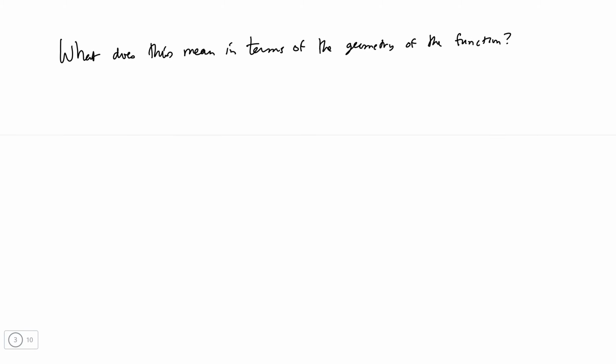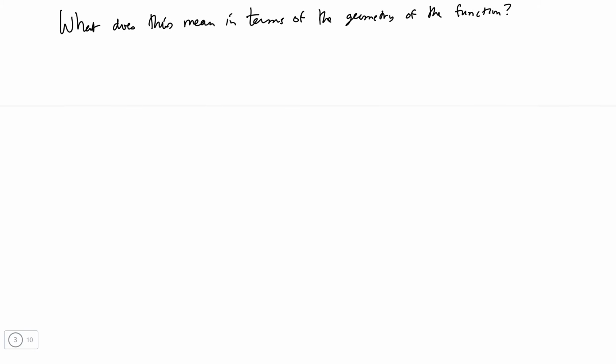So we're going to take the thing we said above about the derivative of a function, but now we're going to apply that to the derivative function itself. So we want to apply the material we started with.